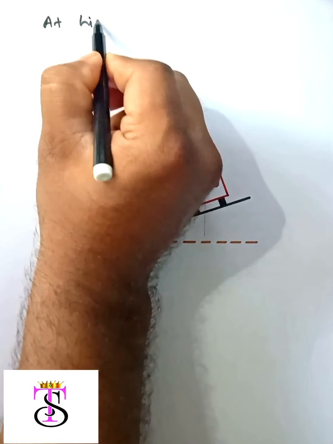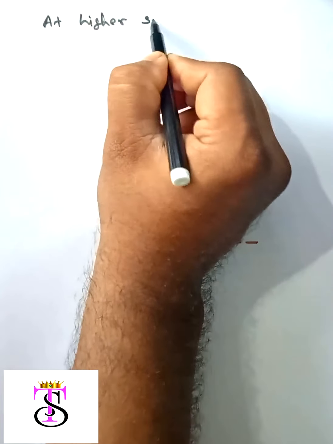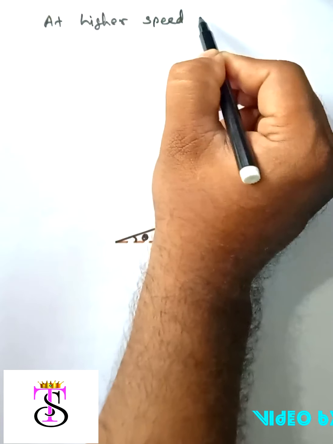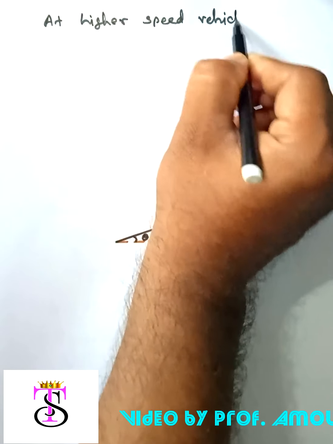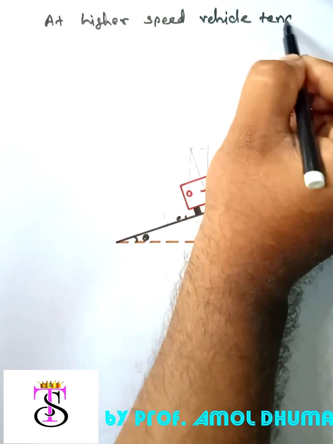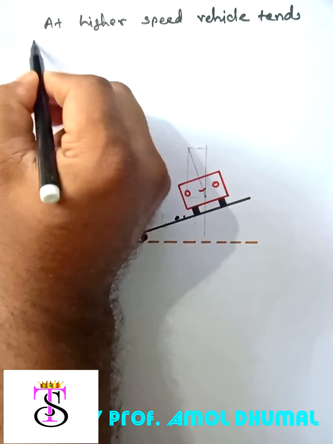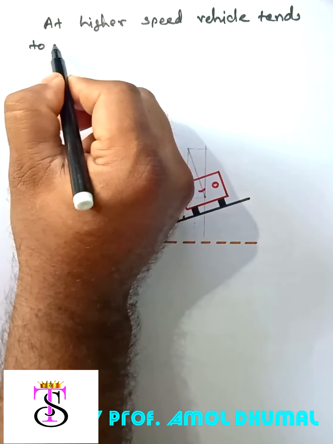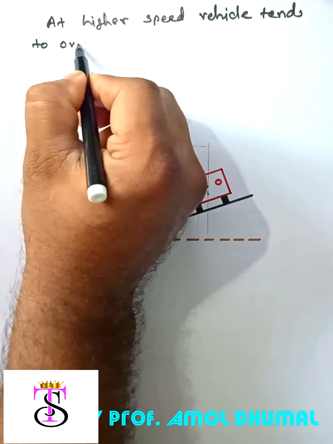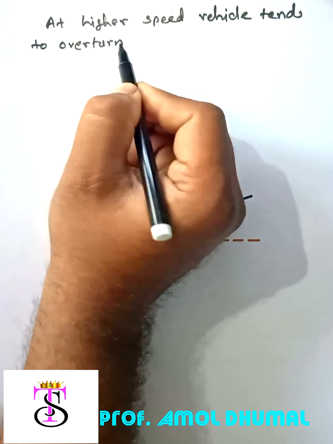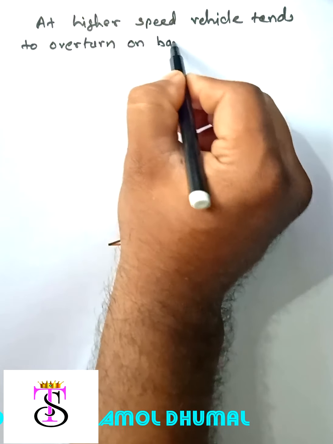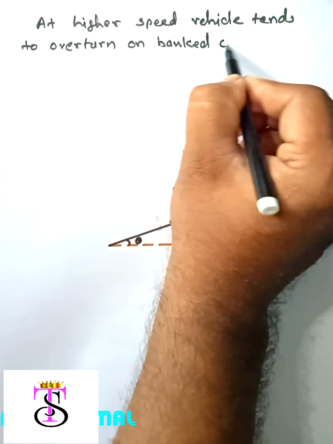At higher speed, the vehicle tends to overturn on a banked curved road.